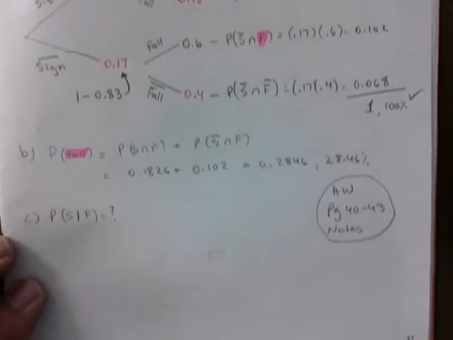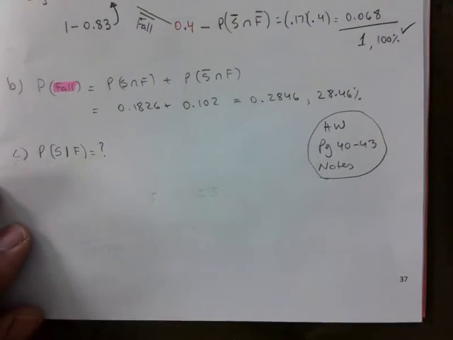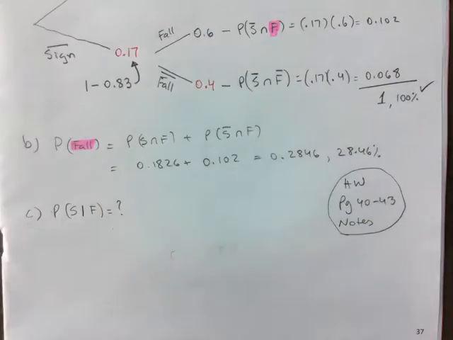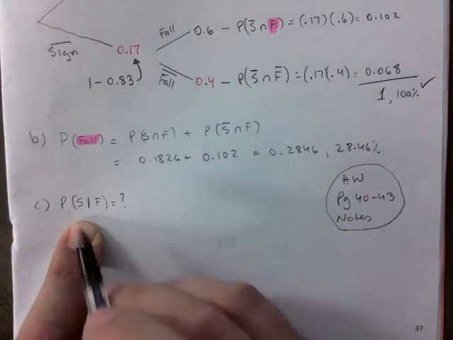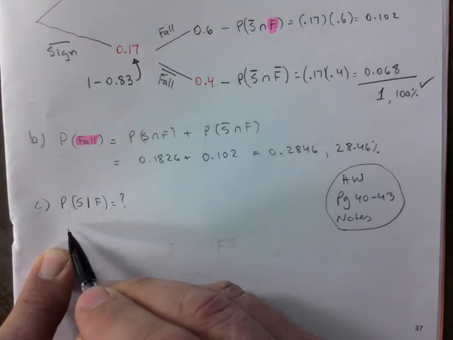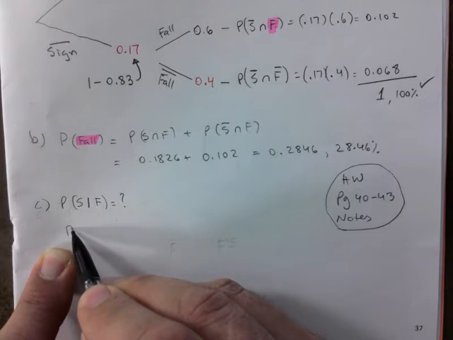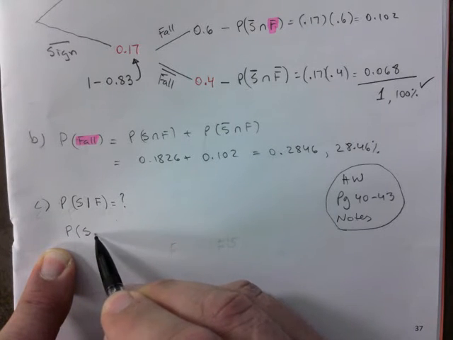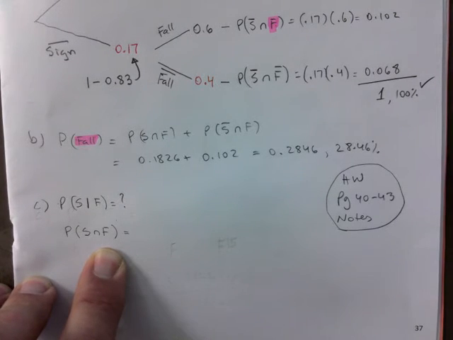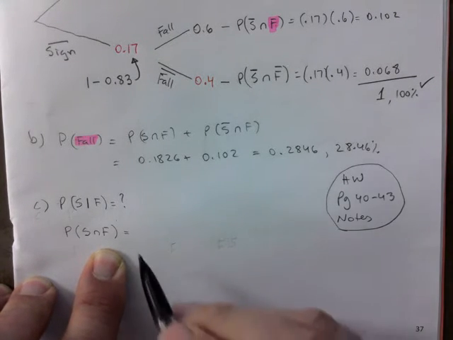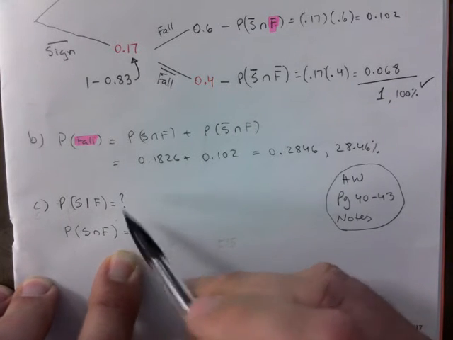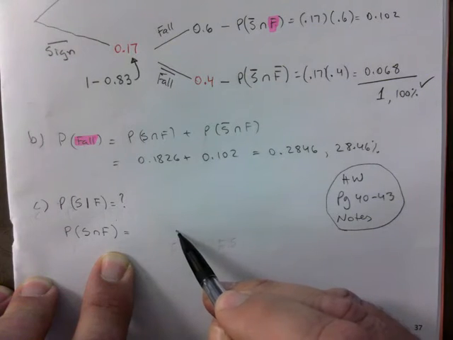So now I'm going to scroll down. I actually want the tree somewhat on there. What 2 events are we talking about? We're talking about slipping and falling. So watch what I'm going to do. You go probability of slipping and falling. And these are dependent events, correct? Remember that formula with the backslash? This has to be at the end.